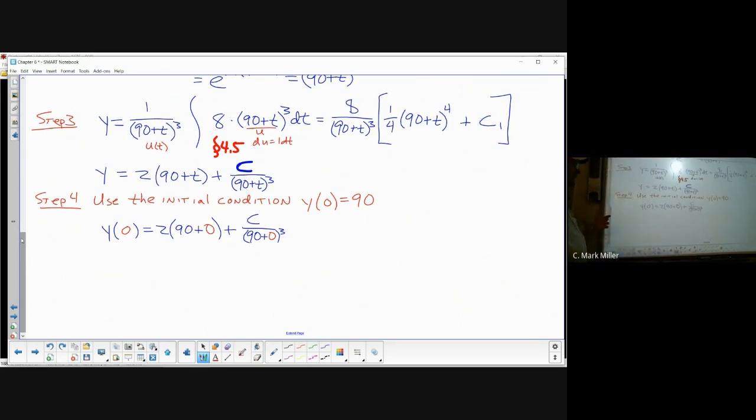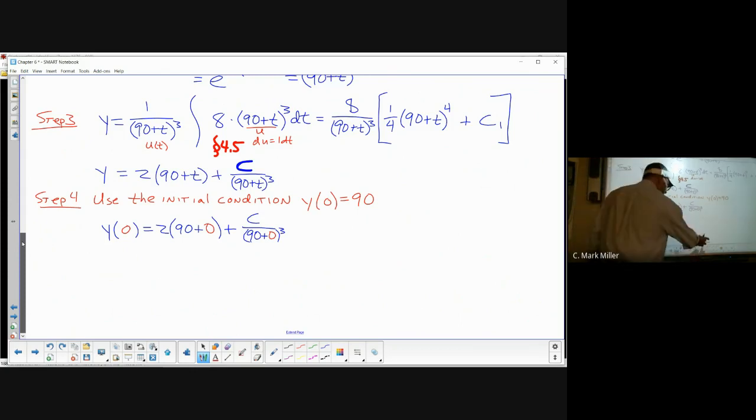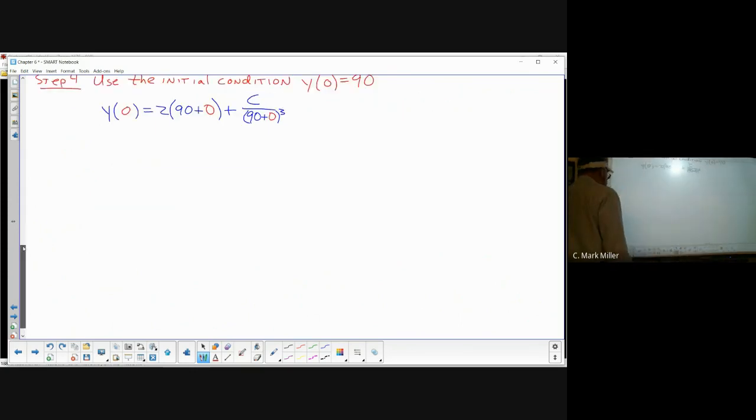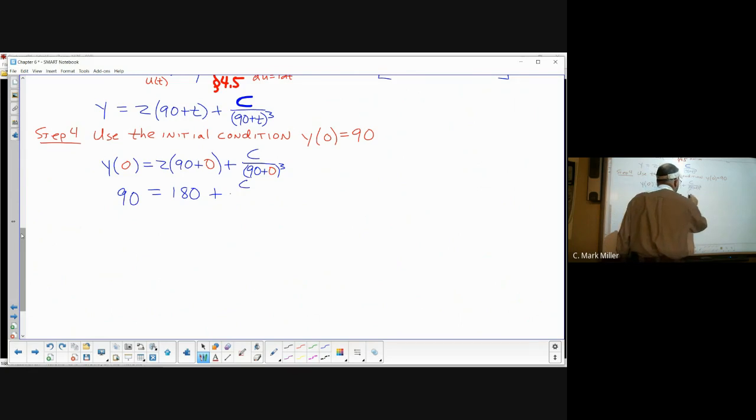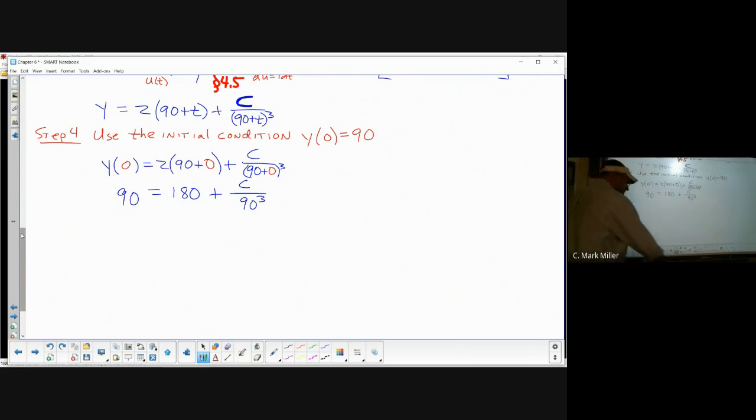That has to equal 90. So our initial condition says y of 0 on the left equals 90. And that's going to give me 2 times 90, 180, plus c divided by 90 cubed. Solve for c.